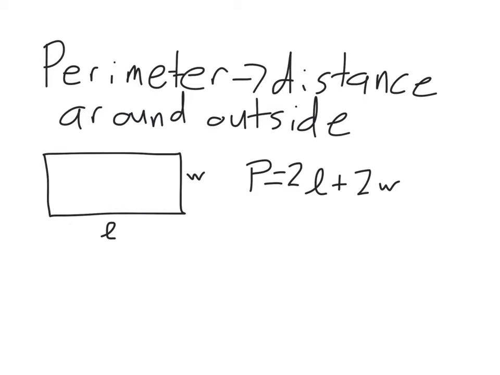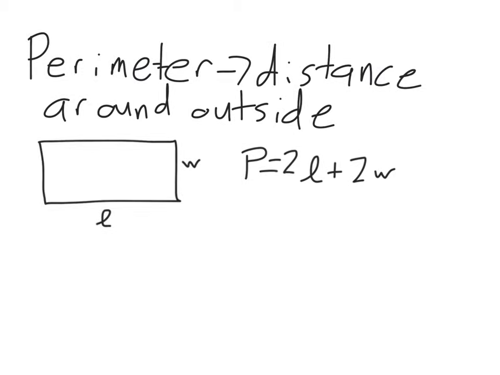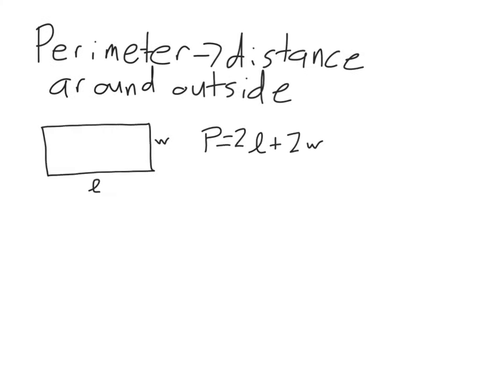Okay. So we could add length plus width plus length plus width, but that would take a little bit longer, actually. If you just multiply the length by 2, the width by 2, and add them together, that's going to be the quickest way to get that perimeter for a rectangle. Now let's think about another shape. A square.